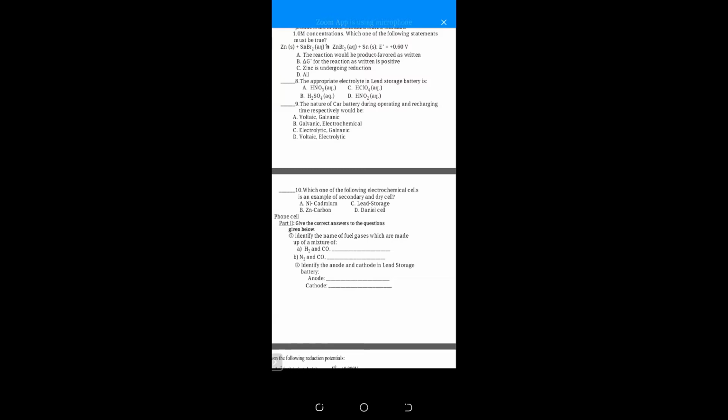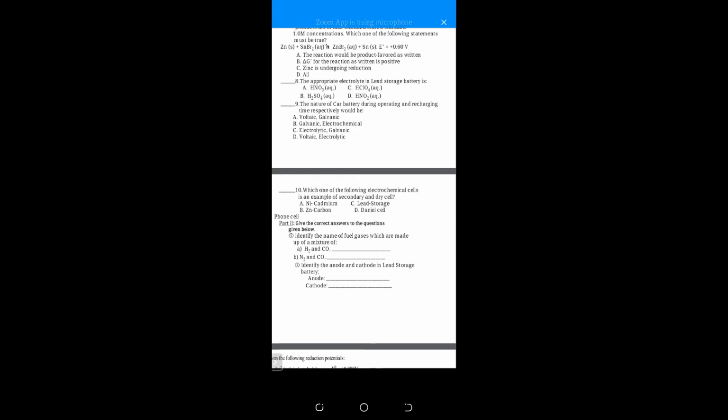Operating time means when it delivers electrical energy, because the main purpose of using a car battery is to get electrical energy from this cell. So during operating time, the redox reaction inside it can deliver electrical energy.